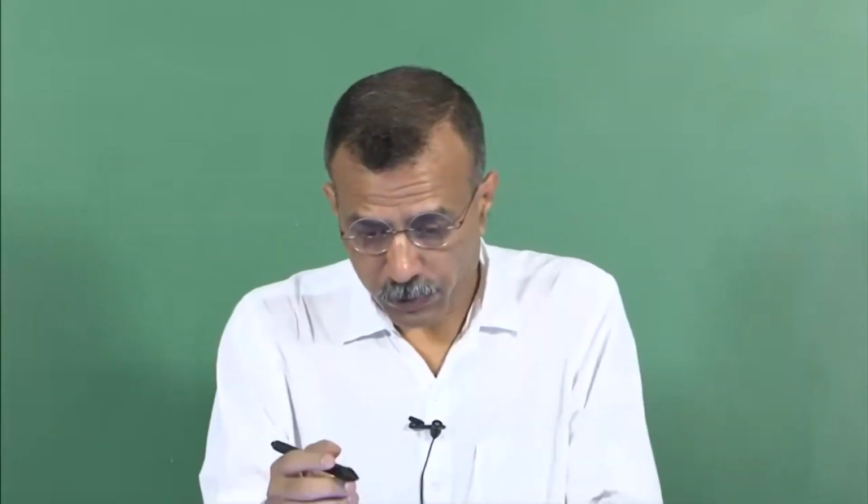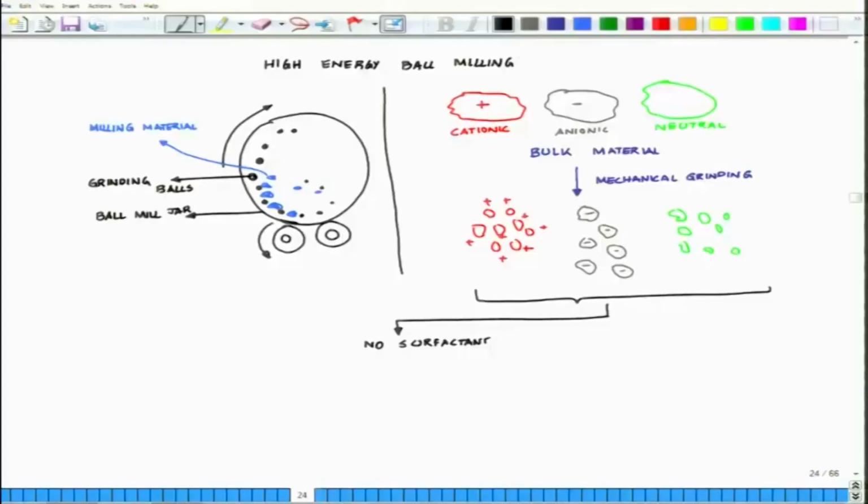So if you are not using any surfactants, what you are essentially getting is a mixture of something like this, just in a smaller dimension, and you have these negative anionic particles, something like this. This is the outcome.